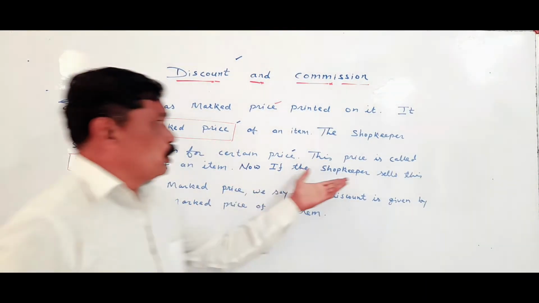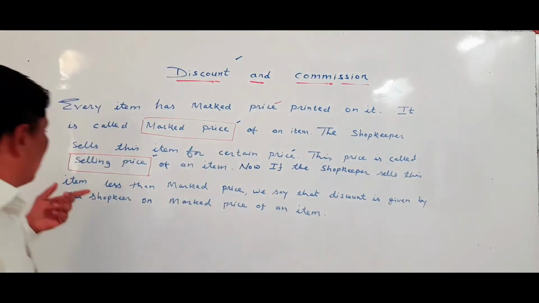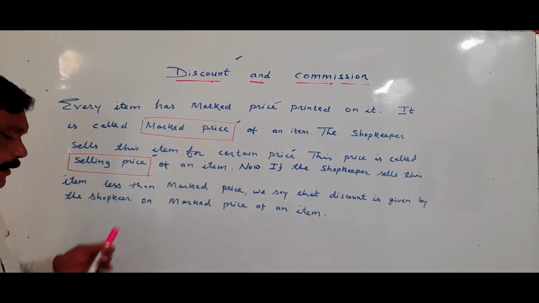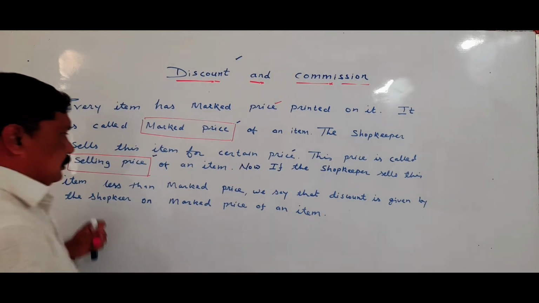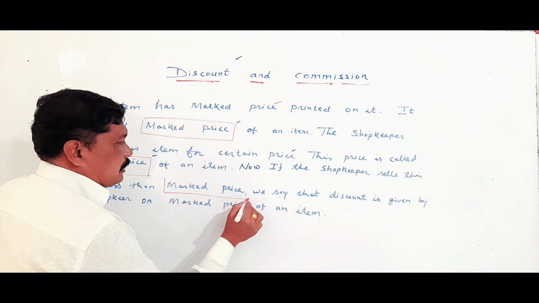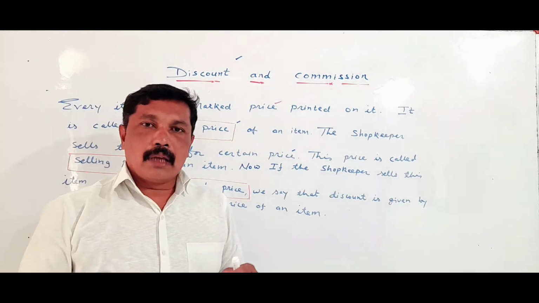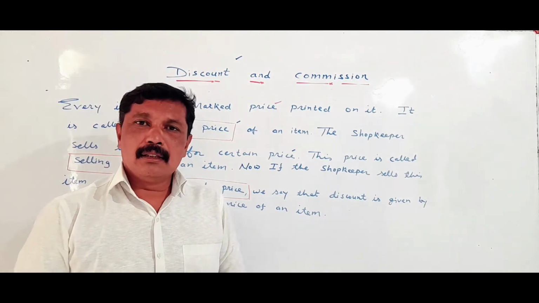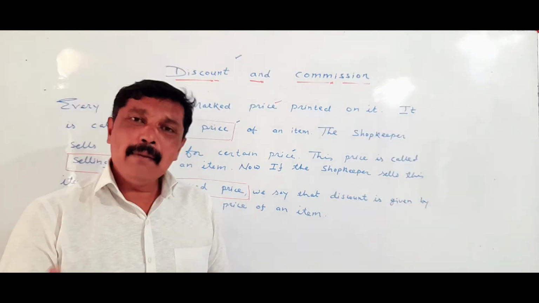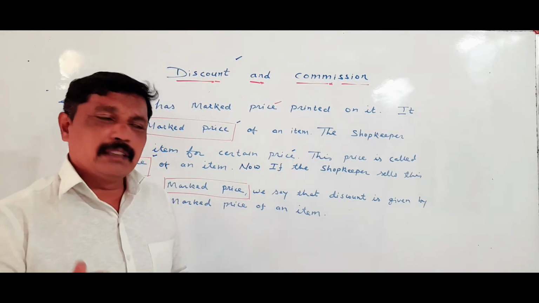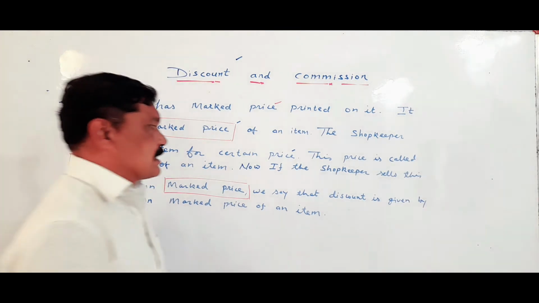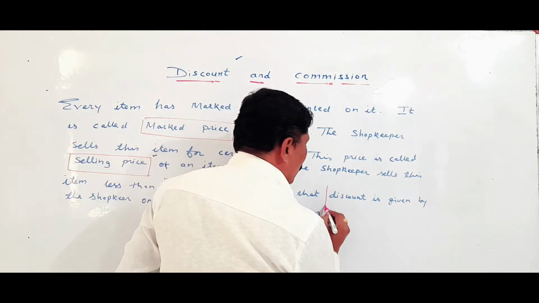Now, if the shopkeeper sells this item less than mark price, the price which is marked on an item, and the shopkeeper sells the item less than mark price, then we say that the shopkeeper has given us discount.